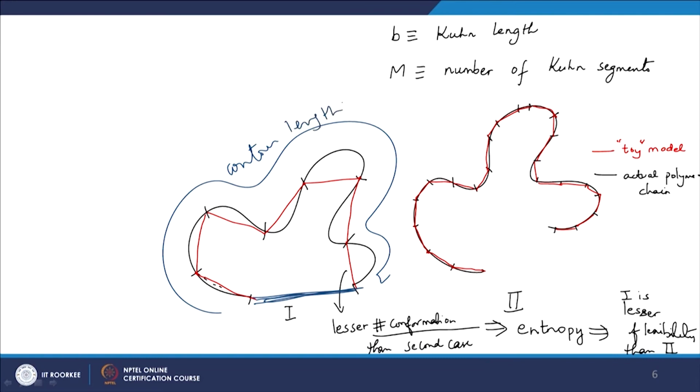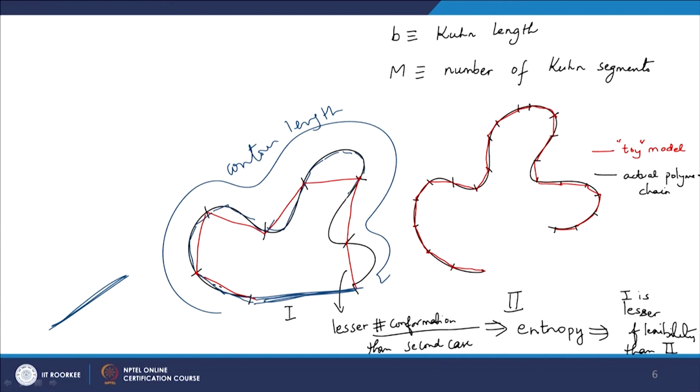If I take a very large value, what I get is like a rod. On the other hand, if I think of another extreme where I make my cone length extremely small, then I get my polymer chain that looks something like this, and so on.